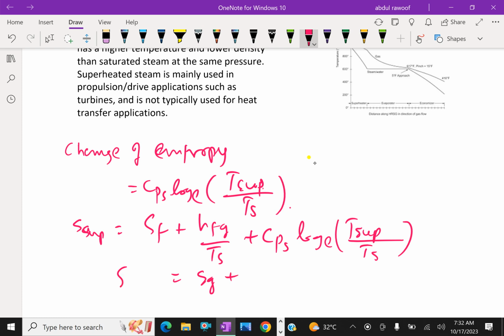That is, S superheat is Sg plus Cps log e T super over Ts.